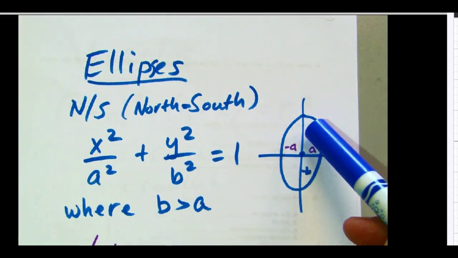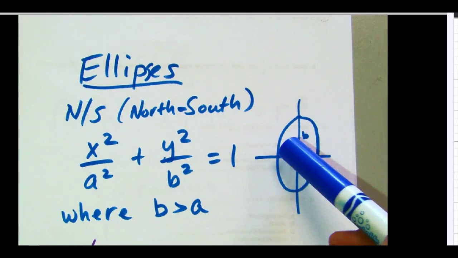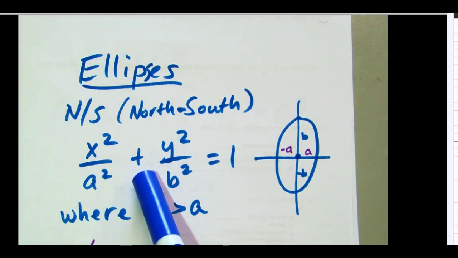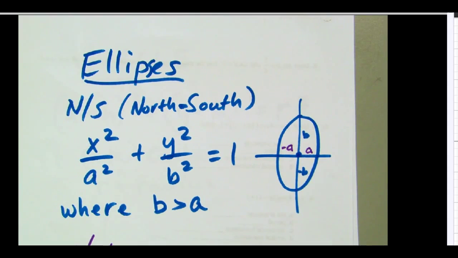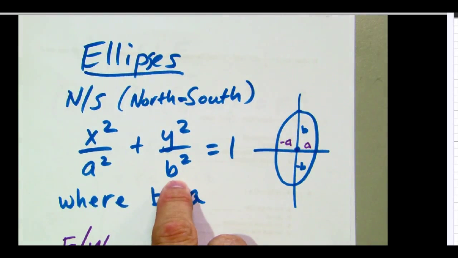On the y-axis, we go b and negative b, and on the x-axis, a and negative a. So that's how you can draw these things very quickly if you have it in the ellipse form. Now this is where b is greater than a. So this is north-south, b is greater than a. What does that mean? Well, that just means that we're stretched on the y more because this value is bigger on the y.